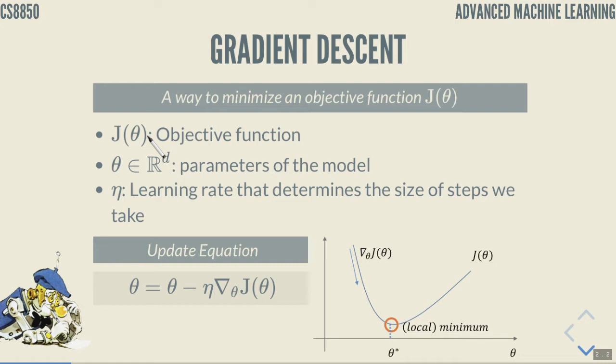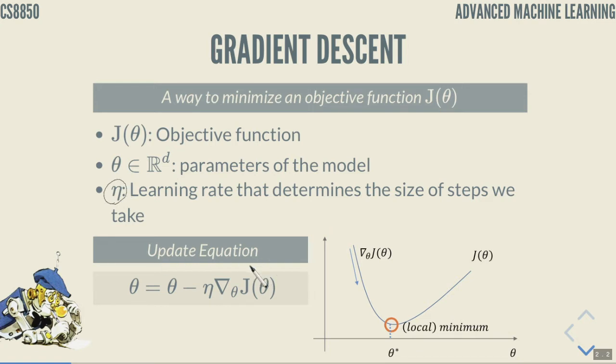Then the parameters at this point that result in the minimum objective function will be used in our model as the optimal model that we could find. Eta is the learning rate that determines the size of steps we take here.